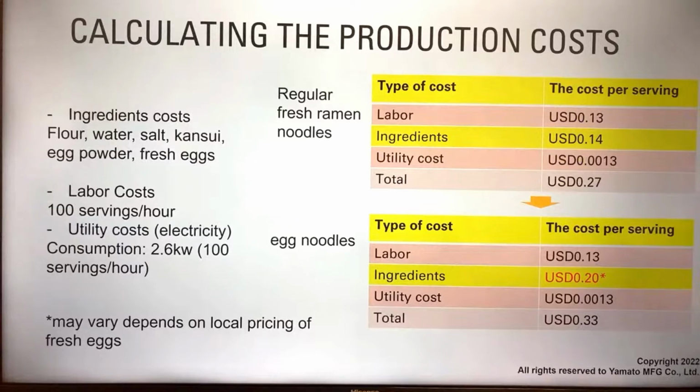And if instead of using water, you only use fresh eggs, I calculated, and of course it depends on local pricing of fresh eggs in your country or market, but it just added maybe 6 cents in US dollars to the ingredient cost per serving.